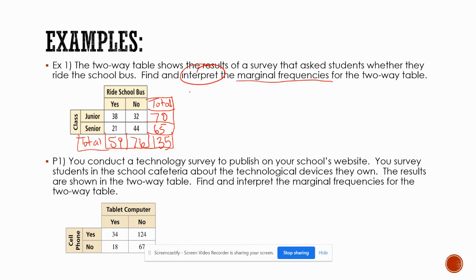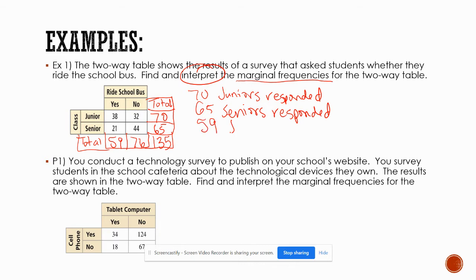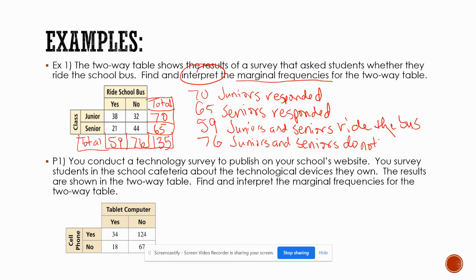They want us to interpret these. So if I start over here, we said 70 juniors responded, 65 seniors responded to the survey, 59 juniors and seniors ride the bus, 76 juniors and seniors do not ride the bus.